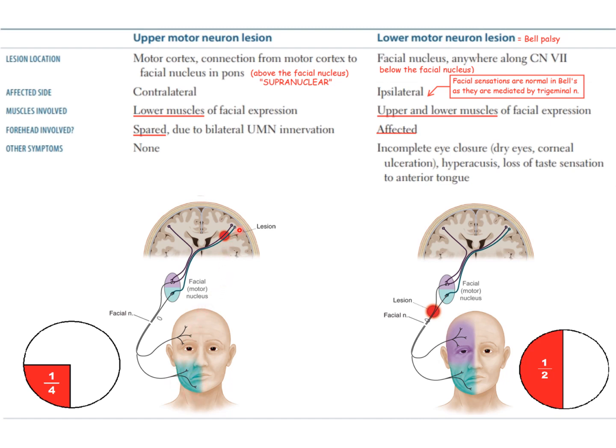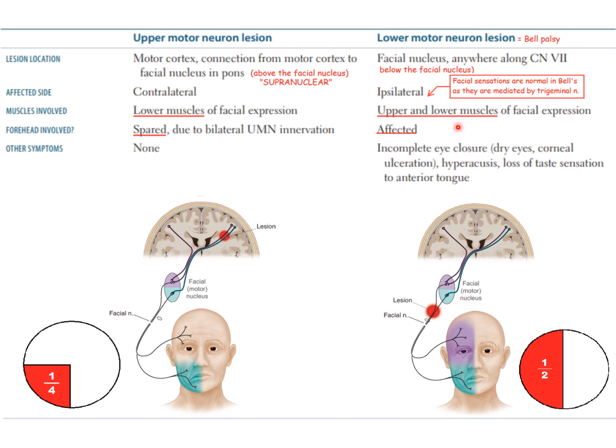And the other thing is that the facial nerve fibers cross over at the level of the pyramid. So therefore, damage to the brain on the left side, with a supranuclear lesion, would manifest as contralateral paralysis of the lower face.